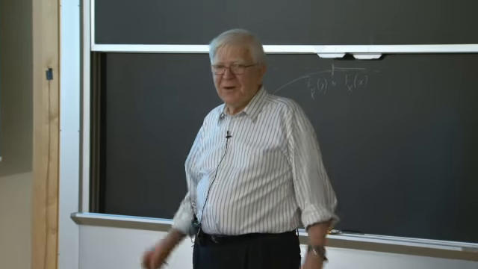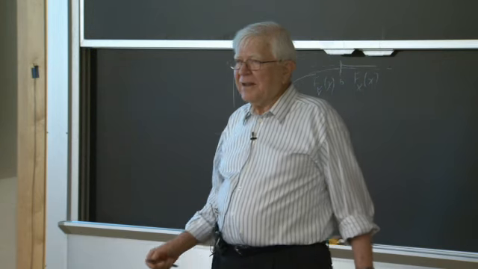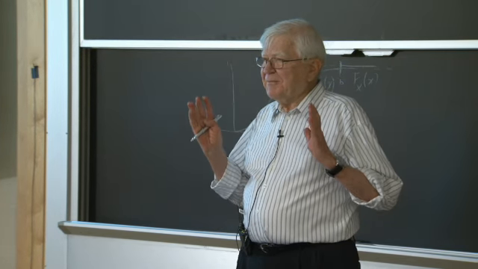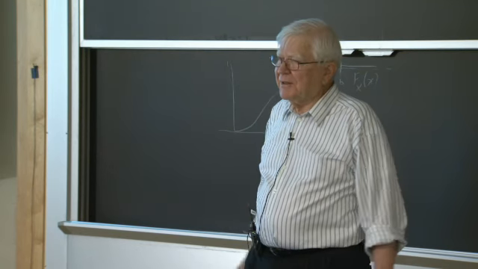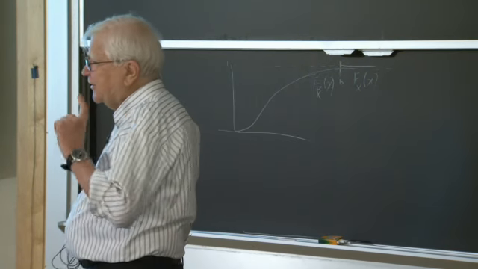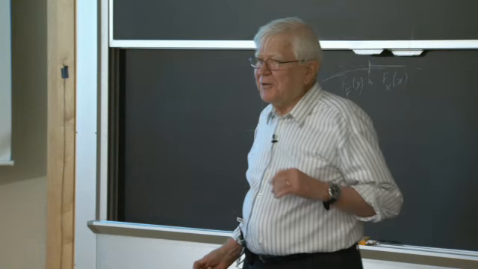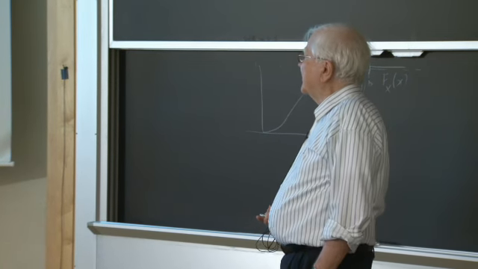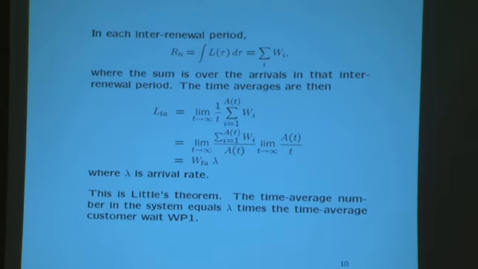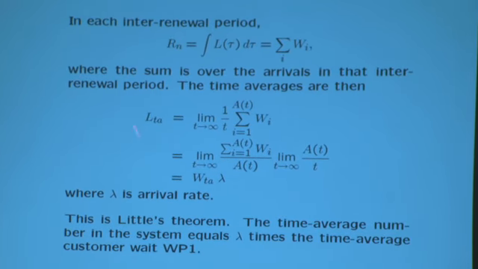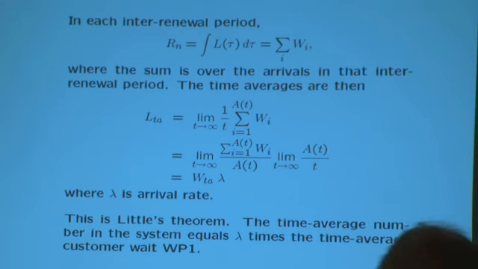Like all of the things that come from the Wald equality, it only gives you a relationship between two things that you don't know. But one relationship between two things that you don't know is better than no relationships between two things you don't know. So here we have this one useful relationship. We can sort of understand intuitively what's going on here if we look at this diagram again.